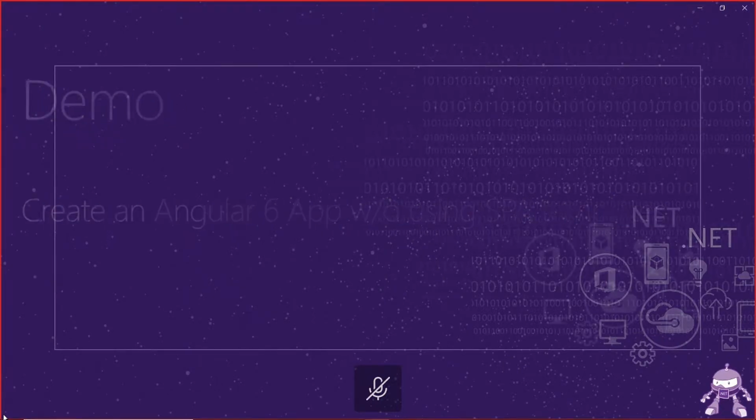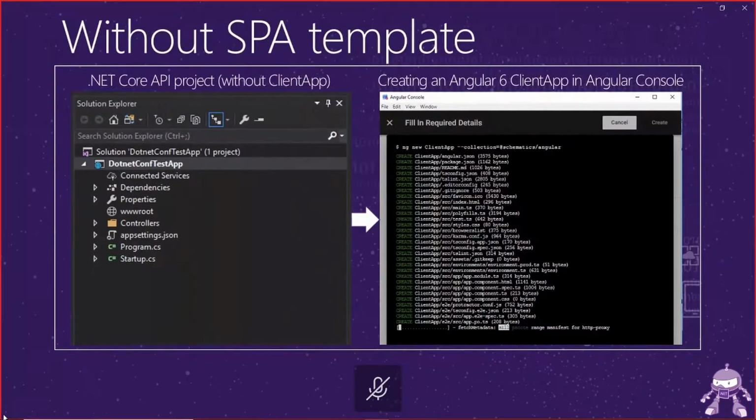Let's start with the first approach: creating a .NET Core API project where we won't use an Angular template, because the next step will be adding an Angular 6 application to the API project using Angular Console. On the slide you can see two tabs: a complete .NET Core API project without a client app, and the next step, creating an Angular client application using Angular Console.